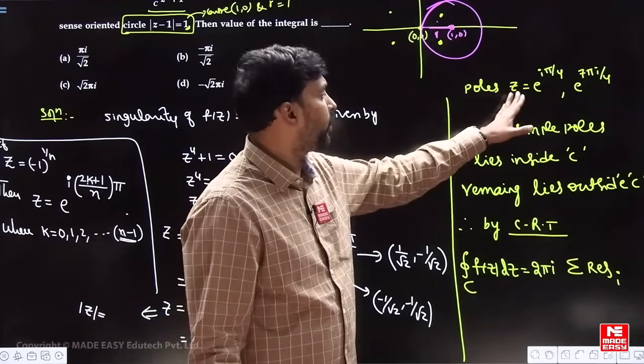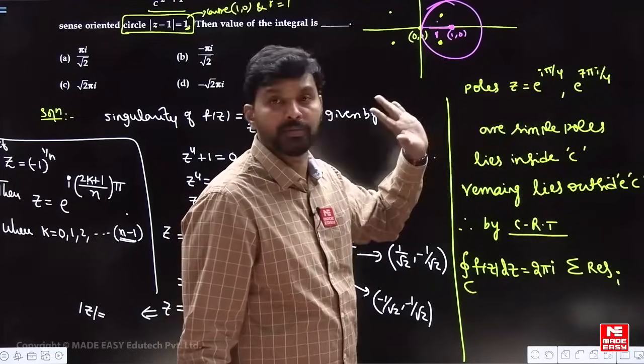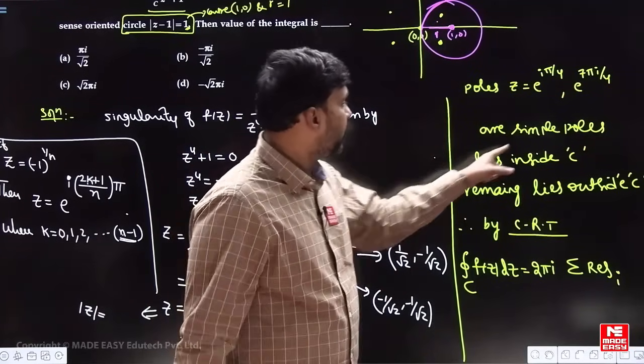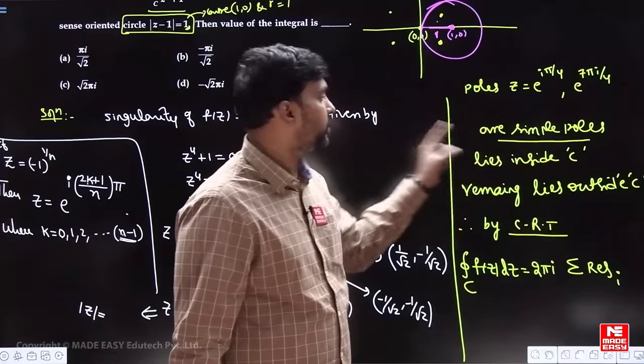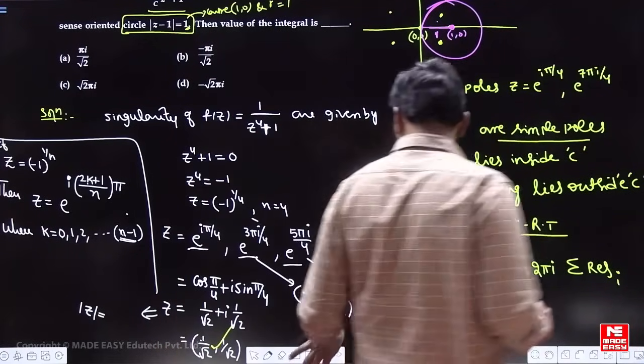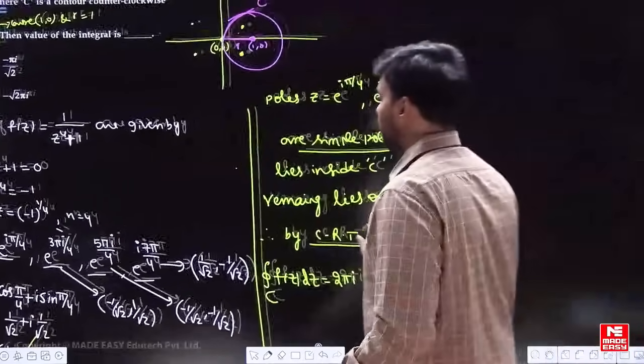But how to find the residue at these poles? Let me tell you one point very clearly: these are simple poles. So for simple poles, there is a formula for finding the residue.